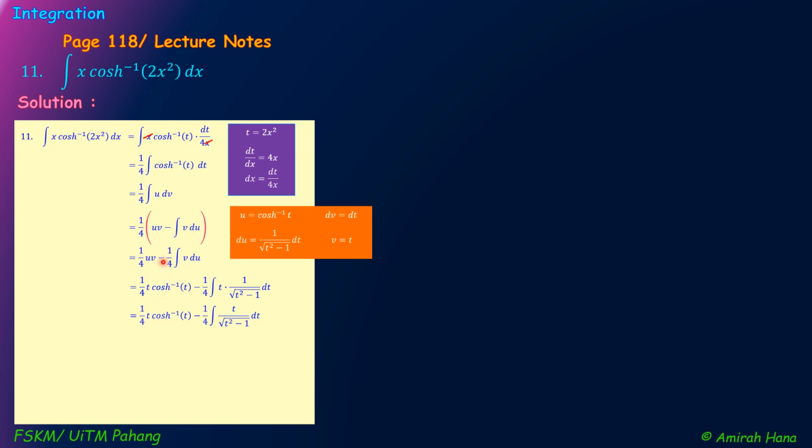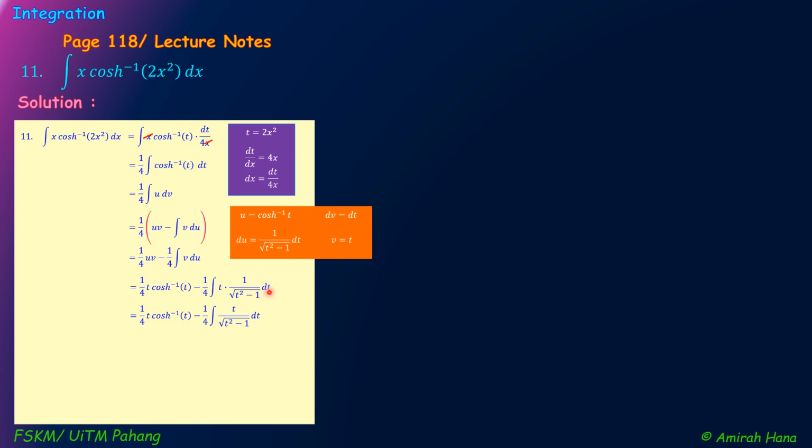And then we have minus 1 over 4, and then the integration sign, and then v times du. V times du means t times 1 over square root of t squared minus 1 dt.